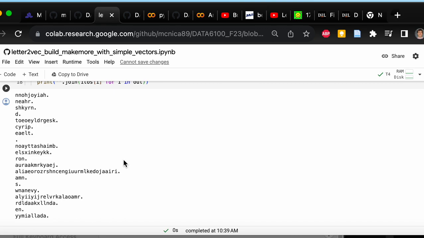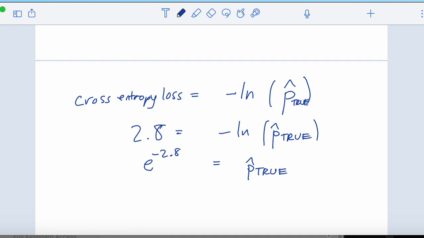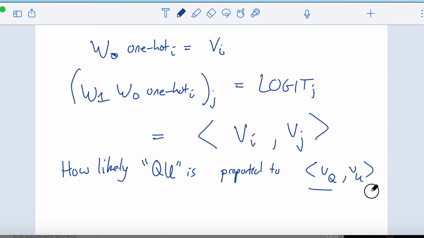Okay, so here is a question for you, and this is one thing that I don't like about our current model. Right now, like I said on the previous slide, we have this inner product, VQ, VU. So QU depends on the inner product VQ, VU. But you know what else is the same as VQ, VU? There's a fun fact about algebra, that VQ, VU is the same as VU, VQ.